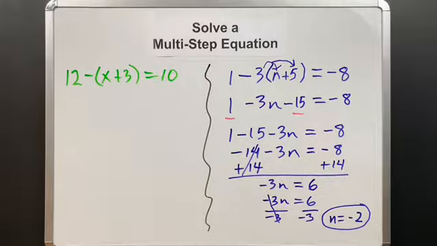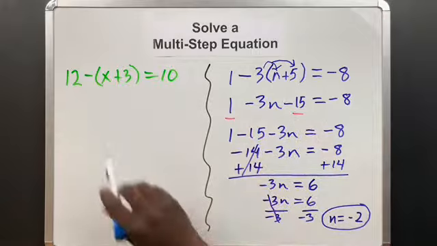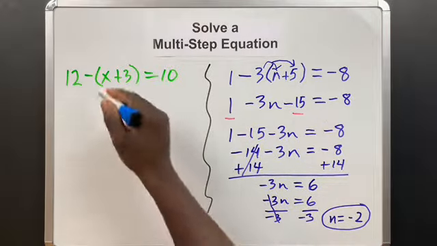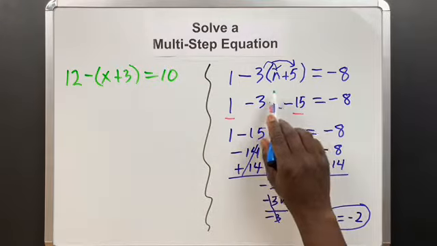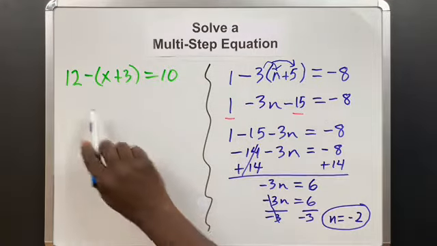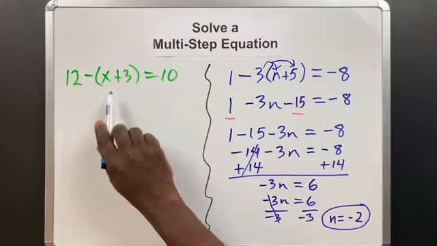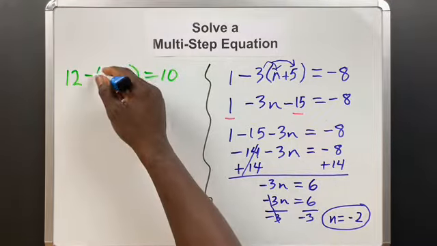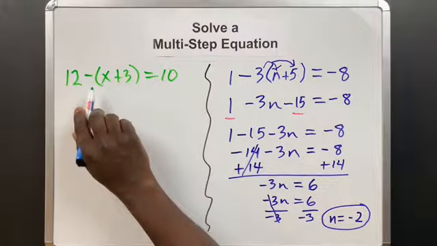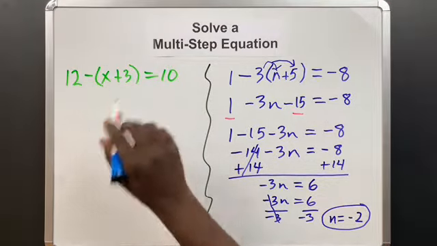All right. Now this one looks similar to that one, but the reason why I decided to solve this equation here, remember, here we have a negative 3 times the quantity of n plus 5. Here we have a negative times the quantity of x plus 3. That negative, you want to see that as negative 1 right here, okay? So we're going to distribute that.